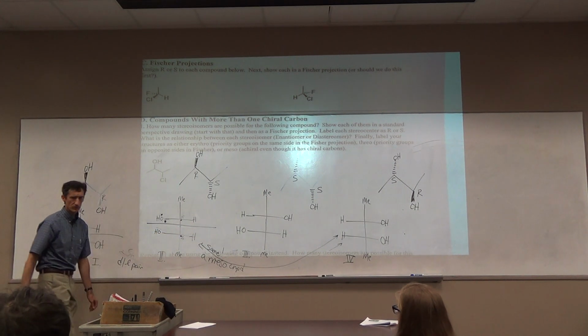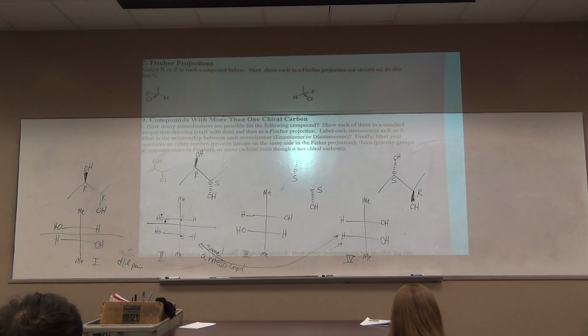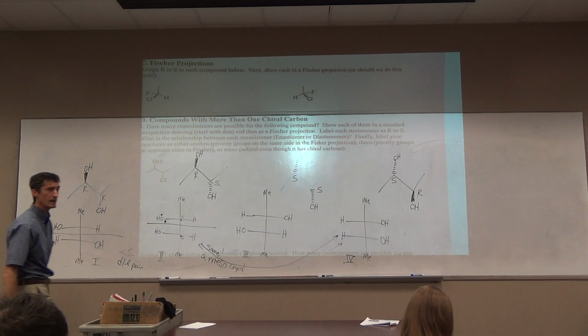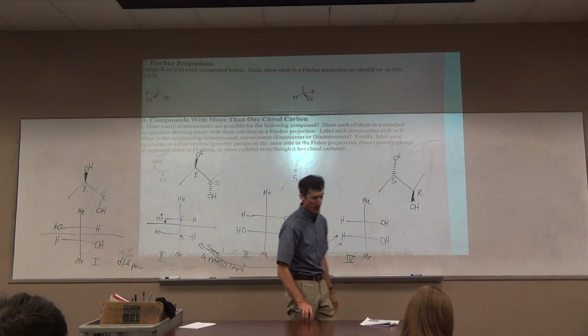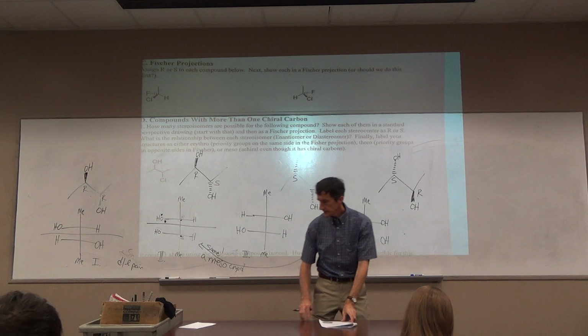We call this a meso compound. So how many total on the board? Only 3. 2 of them are just drawn in 2 different ways. So we have less than max. The 2 total is 4, but we have to understand that in this case it's really only 3. It's less than max possible for this compound. Questions about this?